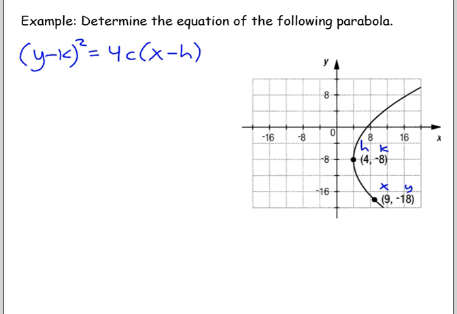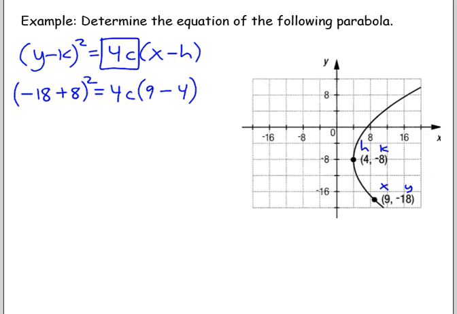And then we're going to plug in the things that we know. So y is negative 18 minus k, which is negative 8, so that's going to turn into plus. We don't know 4c, so that's what we're looking for. And x is 9 minus 4. This is negative 10 squared, so that's 100, is 4c times 5.